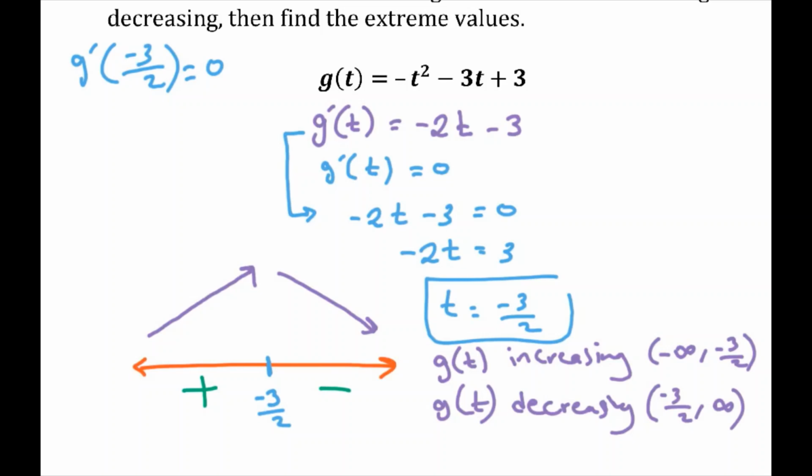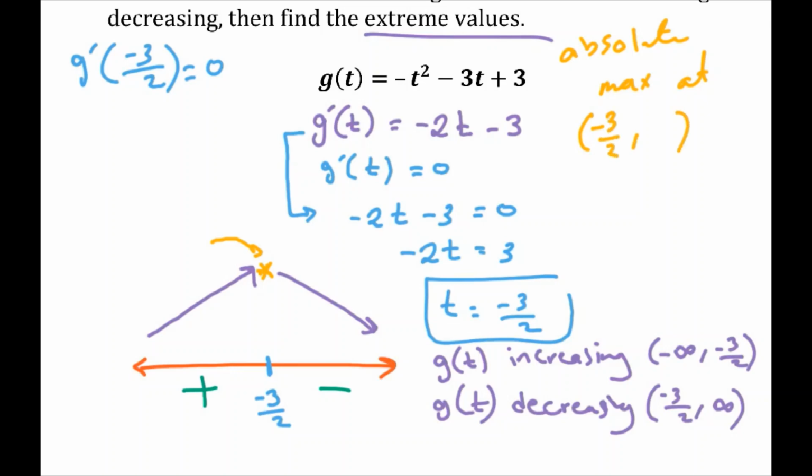Now they want us to find the extreme values. As you can see, I have just one extreme value, and it's a maximum, so it is an absolute maximum at t equals negative 3 over 2, comma, and I need to find the y coordinate. So I'm going to find g of negative 3 over 2.